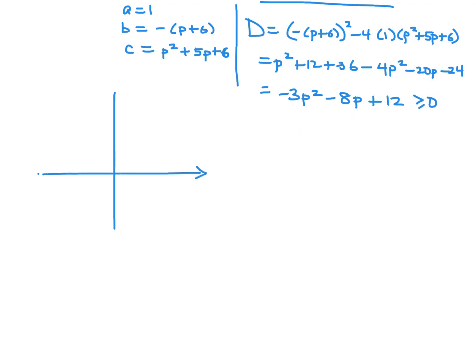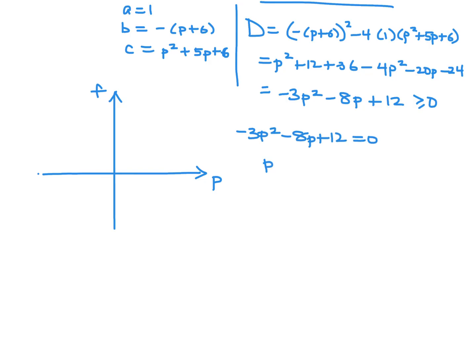So, for example, if I were to plot that function, you would have 2 points that cross the x-axis, and then of course it would open downwards. So I have to figure out what those 2 points are, and then I can figure out what is the range for p for that expression to be greater than 0. And unfortunately, to figure out those 2 points, I've got to set this equal to 0 and do a quadratic again. So let's do that.